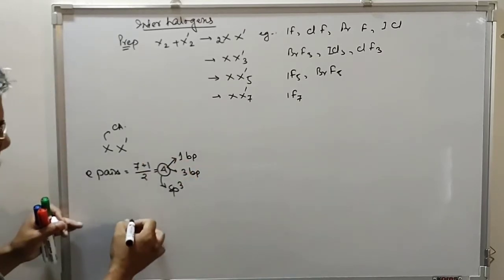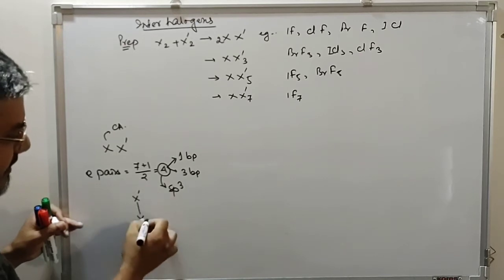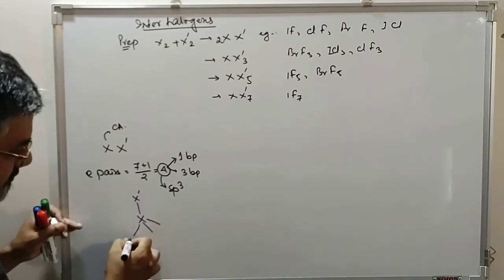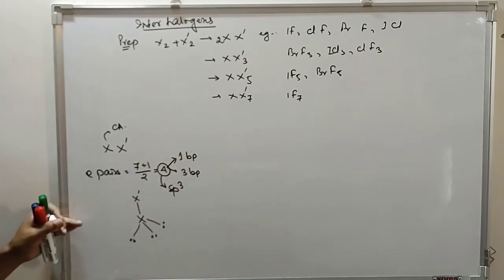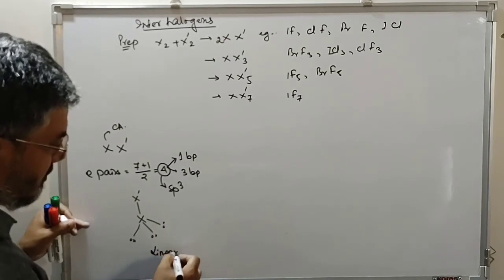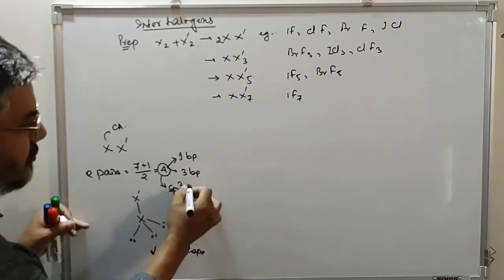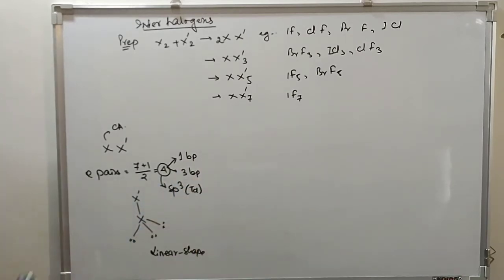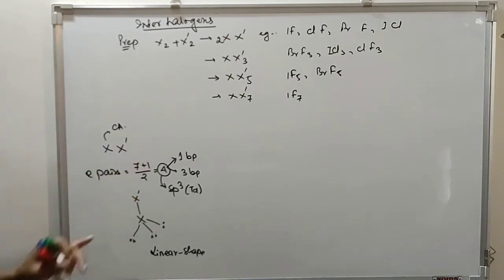The geometry is tetrahedral, but the shape is linear. Linear shape, but the geometry is tetrahedral here.